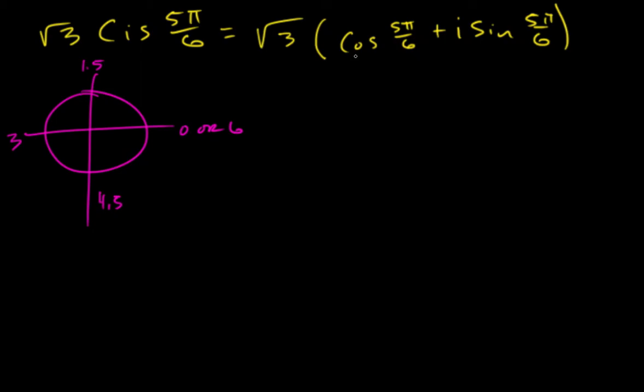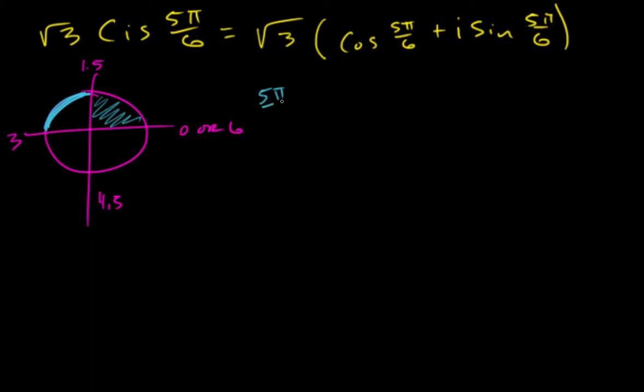So we want to figure out where that's at. If we're estimating pi as being about 3, that's going to be about 5 halves, and 5 halves gives us about 2.5. So we're going to be in this quadrant. So what I'm going to do is cancel out this quadrant.